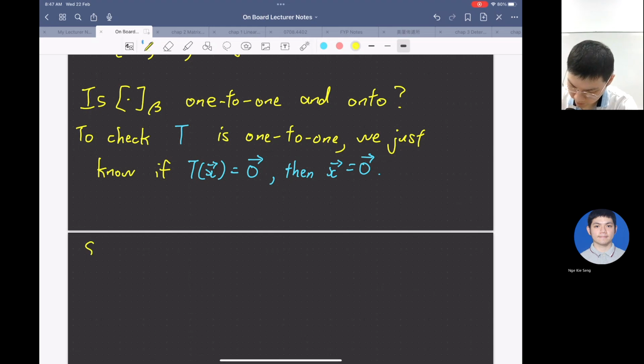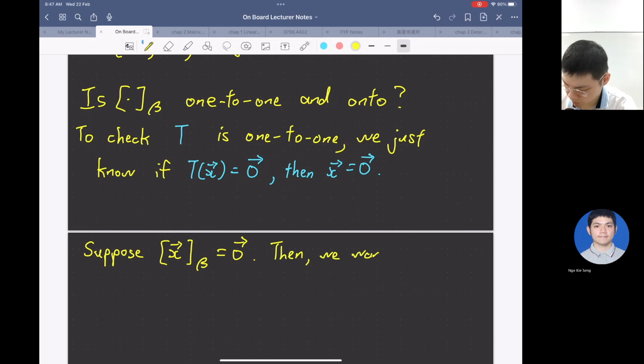So now suppose Tx is equal to 0. Then we want to show x is equal to 0.